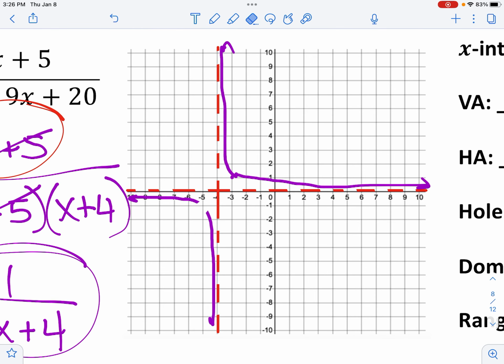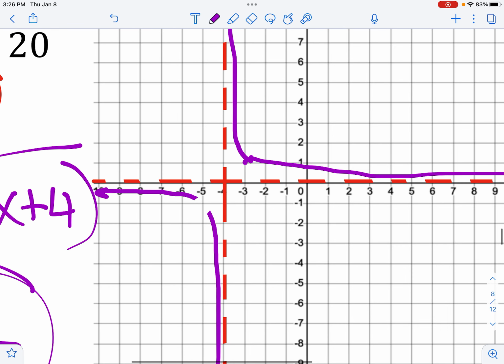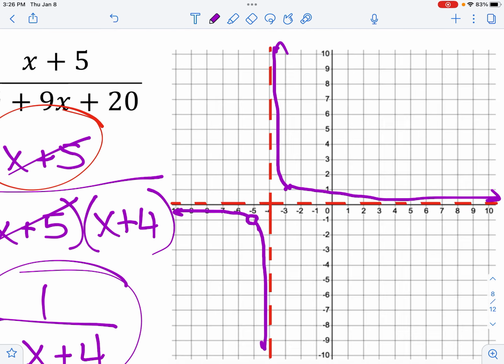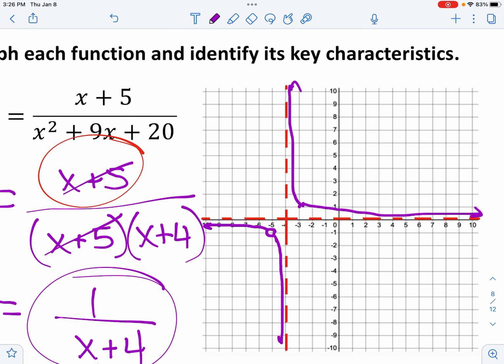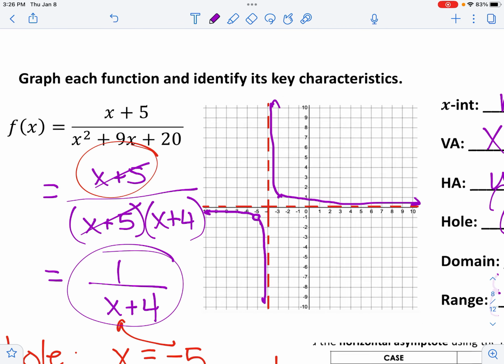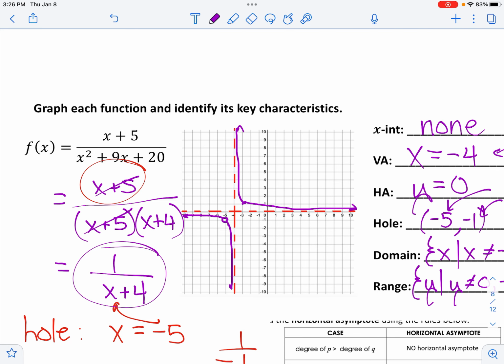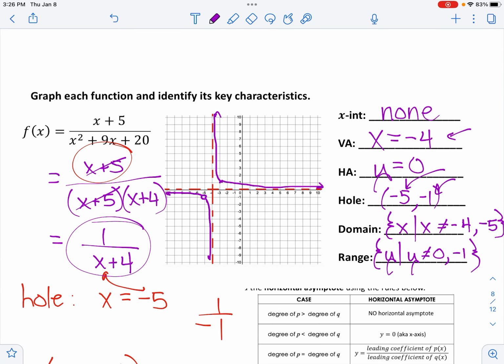I want to make sure that that's kind of obvious. I have a hole there at -5, -1. So this is a continuous branch on each of the branches, but then it breaks. So then that makes it discontinuous. And we also have another part where it's discontinuous at this hole here. So kind of weird, but that's what that looks like.